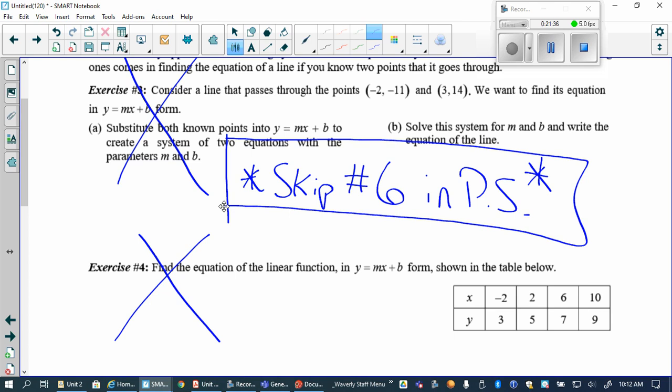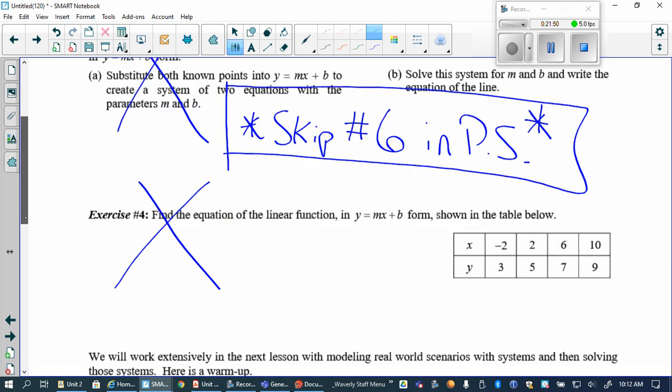All right, skip number 6 in the problem set. Just kind of annoying, I think. I thought I said skip. I wrote it too. All right.